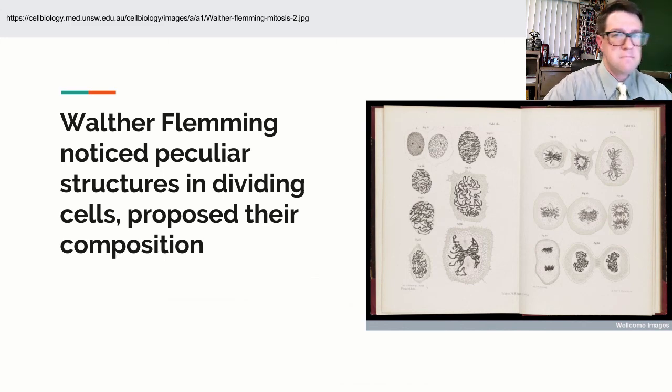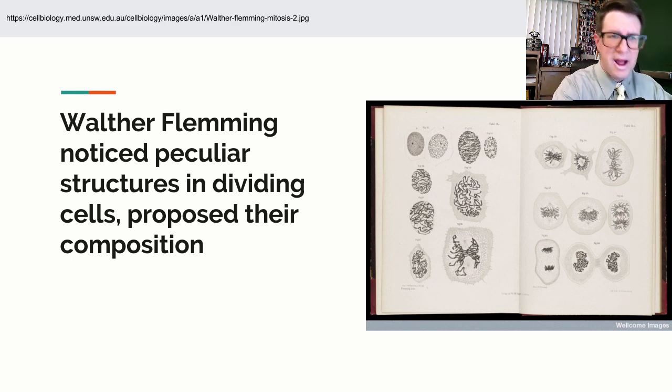So a German in the 1800s was examining plants as they replicated, and what he noticed was there were certain points during the replication that if you were to stain them, you would happen to notice these weird thread things that would show up. Eventually, he didn't do the naming, but it became known that those little thread things were called chromosomes because they were colorful bodies, and these processes had names like mitosis and meiosis.